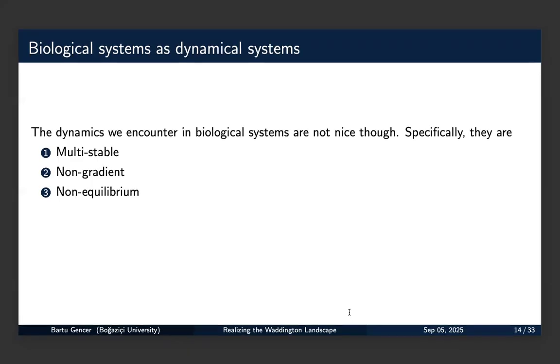And also they are non-equilibrium, meaning that they are not in thermodynamical equilibrium. So we cannot really use results from thermodynamical theory to come up with results, which makes things a bit harder. And also they're high dimensional and nonlinear, which is, of course, always a bad thing. So yeah, the actual problem is much harder.